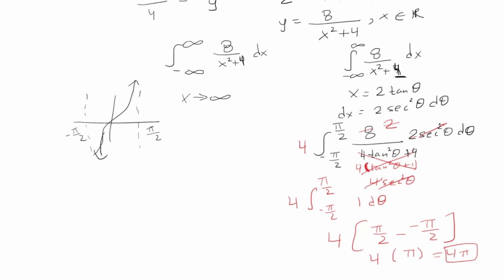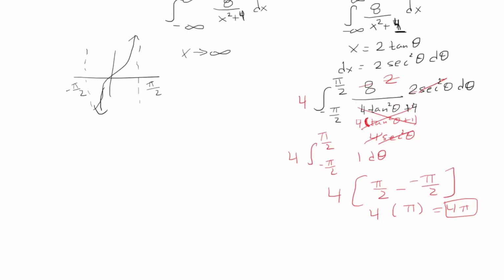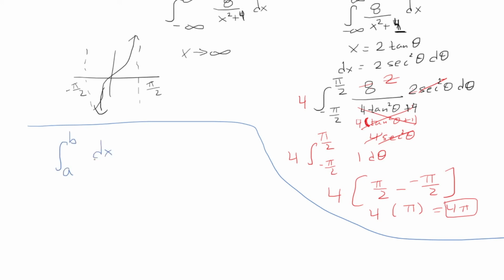So hopefully you realize that this is a lot of work, and hopefully there's a better way to do this. Okay, so it actually turns out that there is. Now let's look at a different approach that is much easier. This approach is taking the area from a to b of dx over d theta times y, and then d theta.